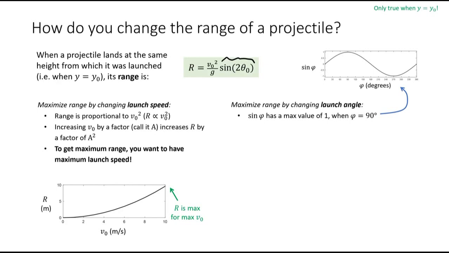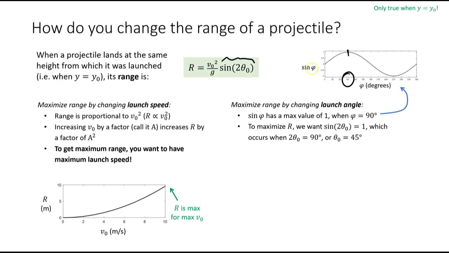Okay, and by looking at this plot, we can see that the maximum value of 1 occurs when our angle is 90 degrees. So what does that mean for us in terms of our range? If we want to maximize the range, then we want to maximize sine of 2 theta naught. And we know that the maximum value of any sine function is always going to be 1. So the maximum value is going to come when sine of 2 theta naught is equal to 1.